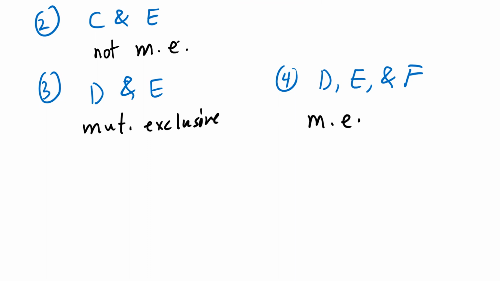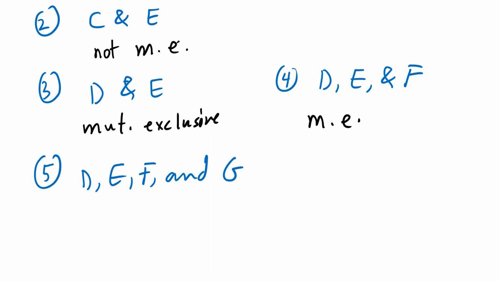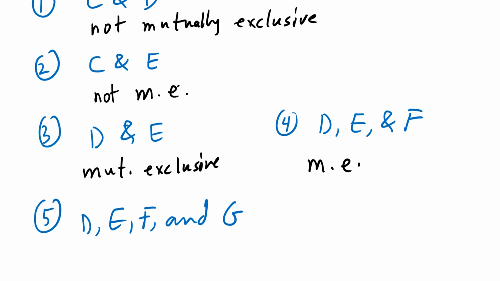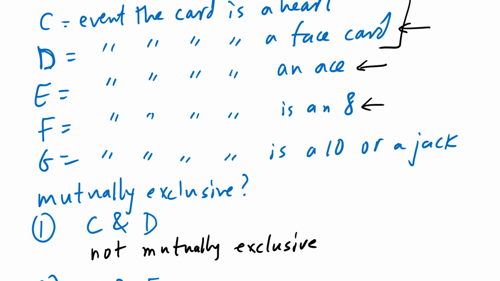Now, one last one. Can it be D, E, F, and G? D is a face card, E an ace, F an 8, G a 10 or a jack.